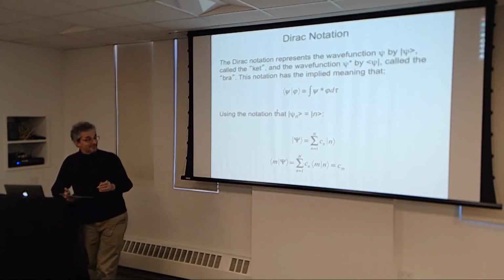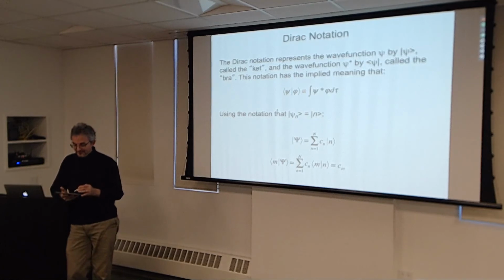And this kind of term, where I have the bracket, the function, the bar, another function, a bracket, was called by Dirac the bracket. And then you'll see that we can take them apart. So here I just have the vertical bar, the function, and the other angled bracket. And Dirac called that the ket, because this was the bracket.